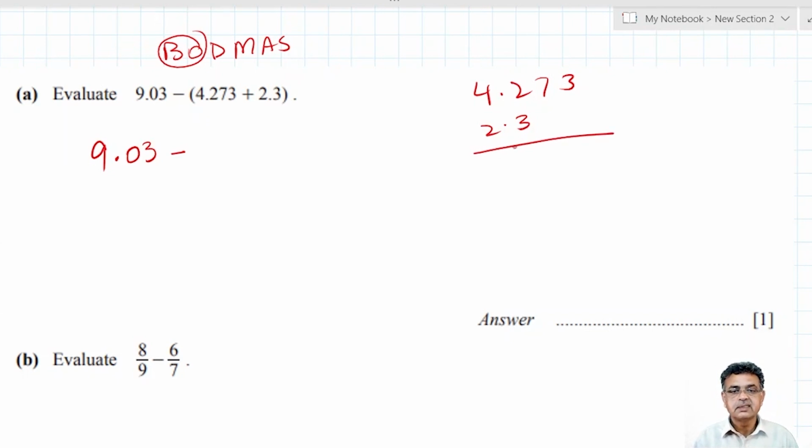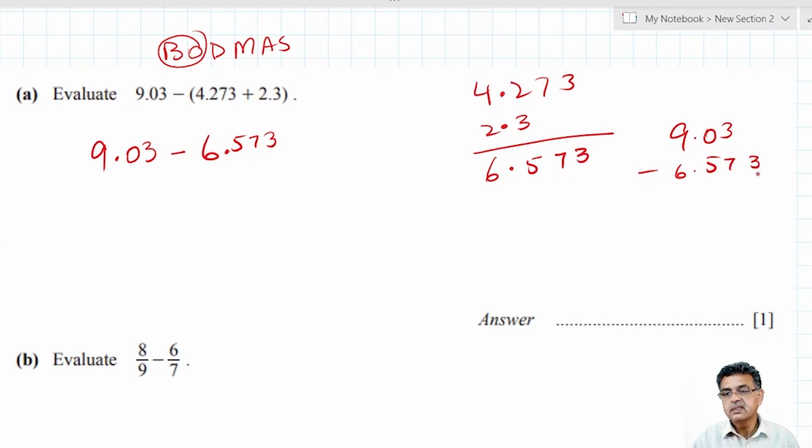Whenever the numbers are in decimal, remember that the decimal points must always be in the same line. So the sum of these two will be 6.573. Now subtracting this number from this value, 9.03 minus 6.573.